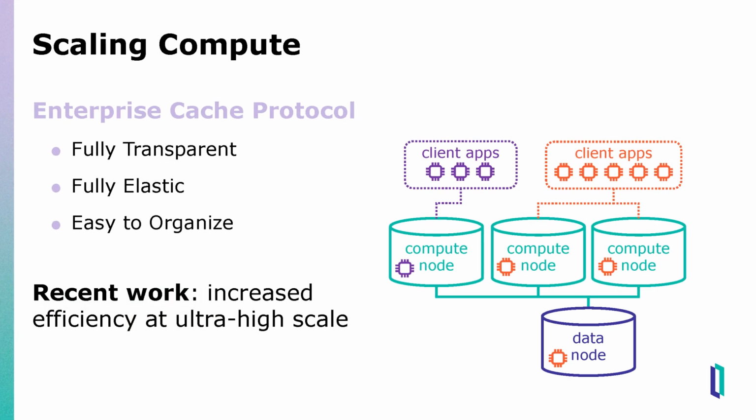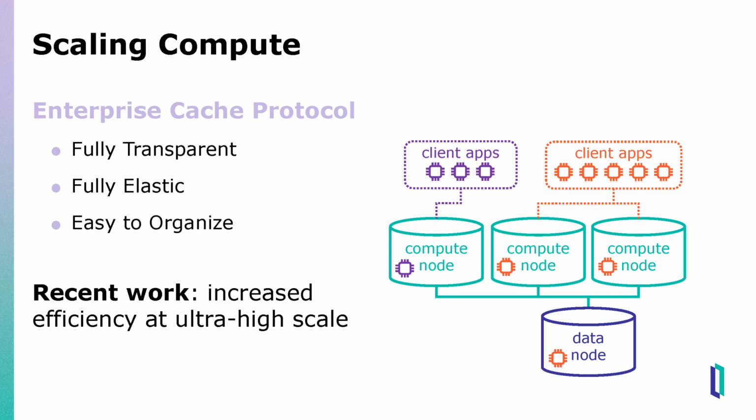First, the Enterprise Cache Protocol, ECP, is a very unique protocol, a very nice low-level way we've implemented a distributed coherent cache. It allows you to deploy multiple compute nodes that sit in front of your data nodes, that can do work on behalf of your applications and see the data as if it were local.